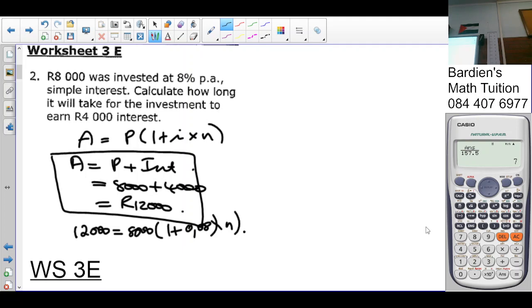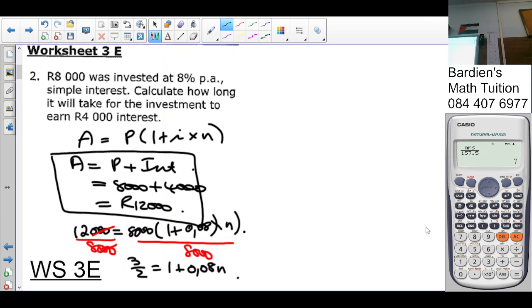What do I do first? Divide by 8,000. You could have multiplied in your 8,000, no problem. I'm dividing by 8,000. So that gives me 3 over 2, is equal to 1 plus 0.08N.